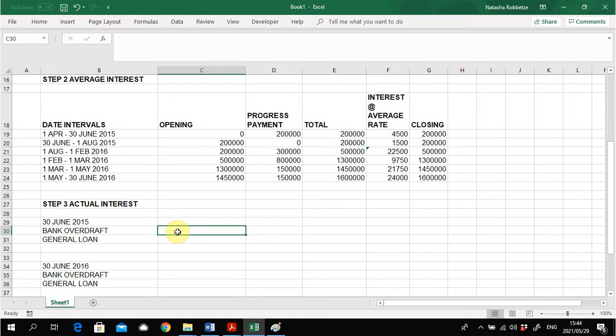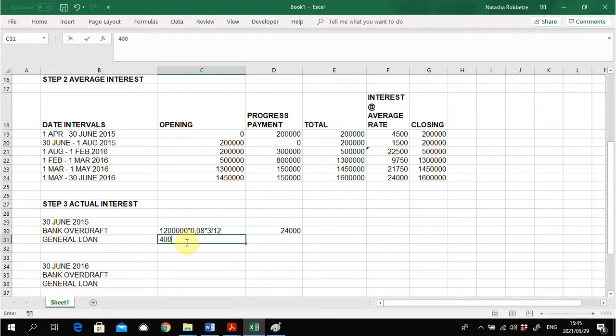In this instance, it's 1.2 million for 2015 times the actual rate of 8% times the months, 3 out of 12. That should give you a total of 24,000 Rand.